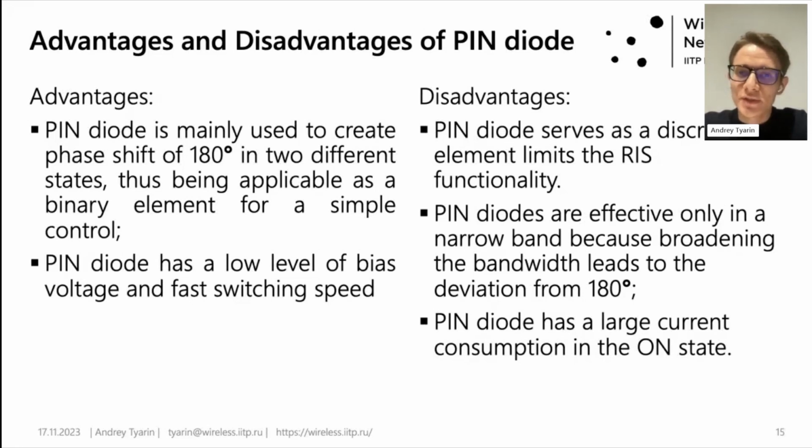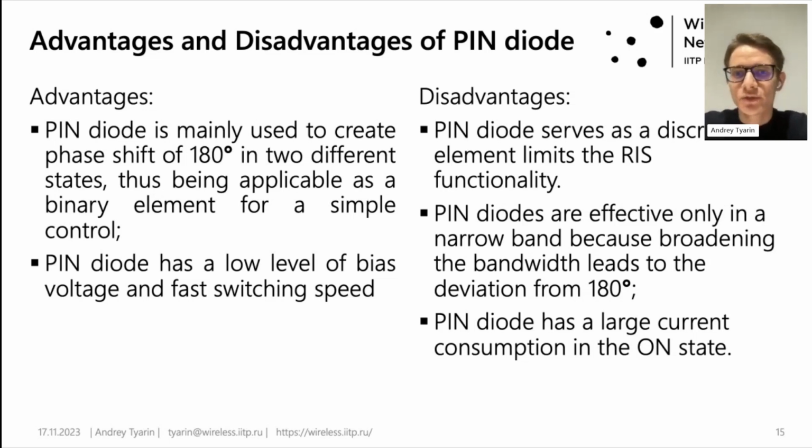Most of the disadvantages of pin diodes are overcome by structural solutions. For example, one-bit state discretization is overcome by using multiple pin diodes in one UC. A narrow band can be fixed by using a more complex UC structure with thick dielectric.